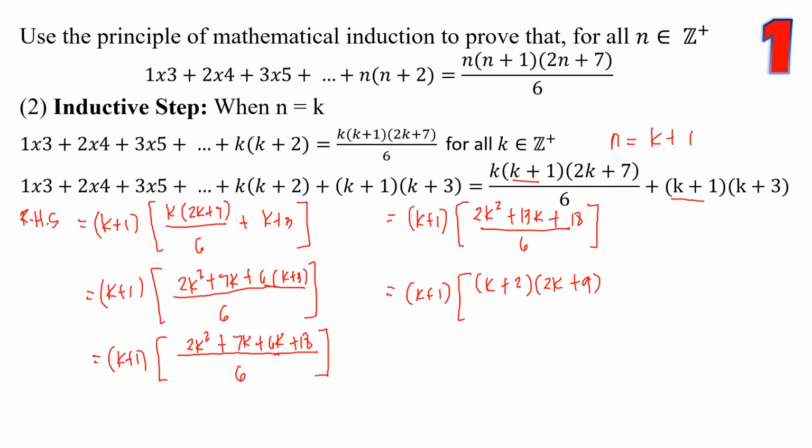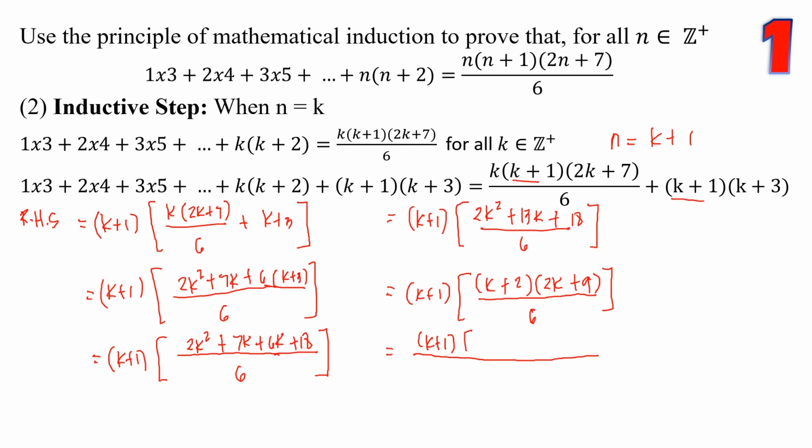This will be our factors for the numerator. We are multiplying k plus 1 to a fraction, hence we can write all the factors in the numerator. So we have k plus 1.